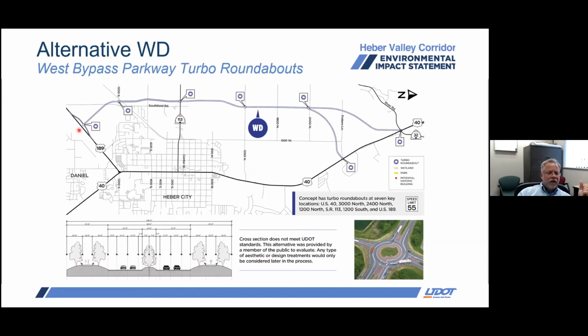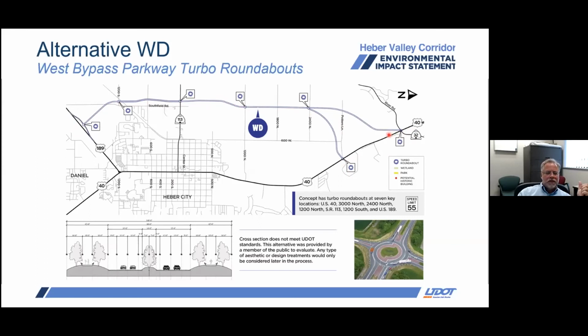Here on the south end, it follows those alignments, but once we cross SR 113, this alternative would continue further north along 1130 West, and then would connect back to US 40 at Potter Lane and at River Road.